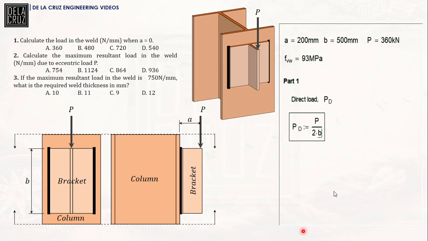Okay, so let's proceed. I will just change the unit to newtons per millimeter. Again, MathCAD can generate the units automatically if we define the units in the givens. So this is the answer for part 1. That is very easy.